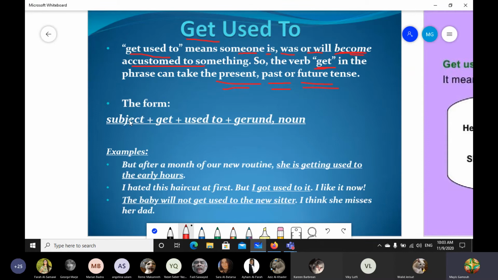Let's look at the form. خلونا نشوف الفورم كيف أنا بدي أكونه.